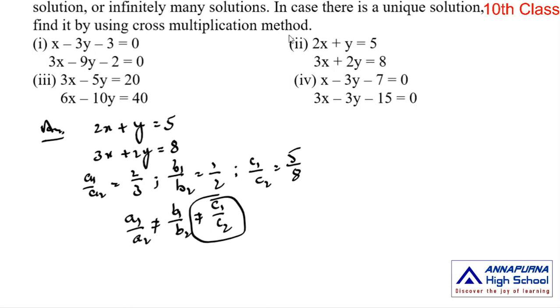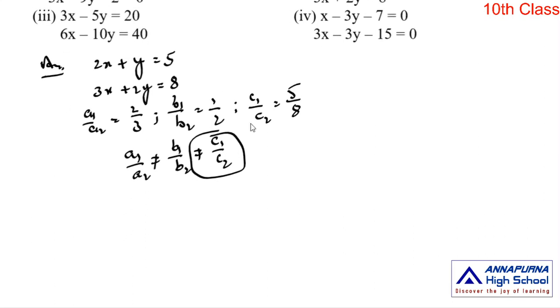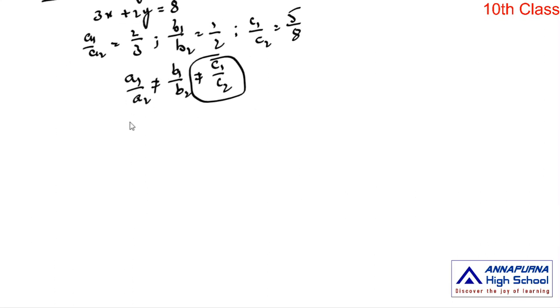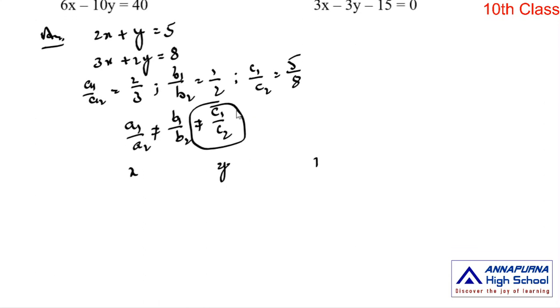I think you remember the cross multiplication method. To complete this method, first we arrange all the coefficients of the two linear equations in a proper order. Here x and y are the variables. Now arrange all the coefficients of the terms in these two equations in a proper order. Generally, first we take the y coefficient of the first equation. The y coefficient of the first equation is 1 and next the constant.